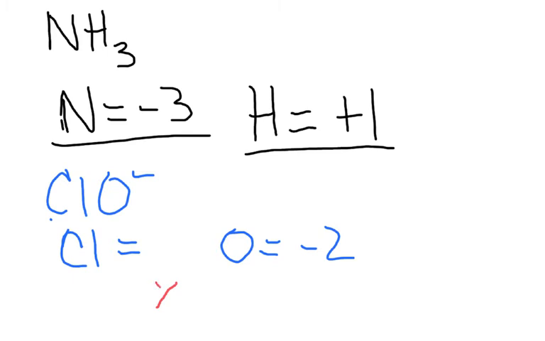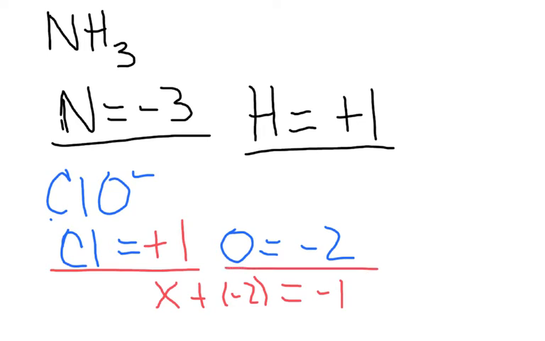Let chlorine be X. X plus -2, the oxidation number of oxygen, is equal to -1, which is the overall charge of this ion. If you solve for X here, you would see that X is +1. So chlorine has a +1 oxidation number, and oxygen has a -2 oxidation number.